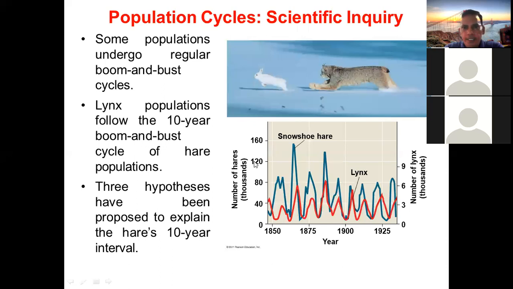Here we have the number of hares, which is in the thousands, and here the number of lynx, which are also in thousands. If you look at this blue graph, which depicts the snowshoe hare, when the number of hares is more, similarly the number of lynx is more. See, the number of hare comes down, the number of lynx also comes down. The number of snowshoe hare goes up again, so lynx also goes up.